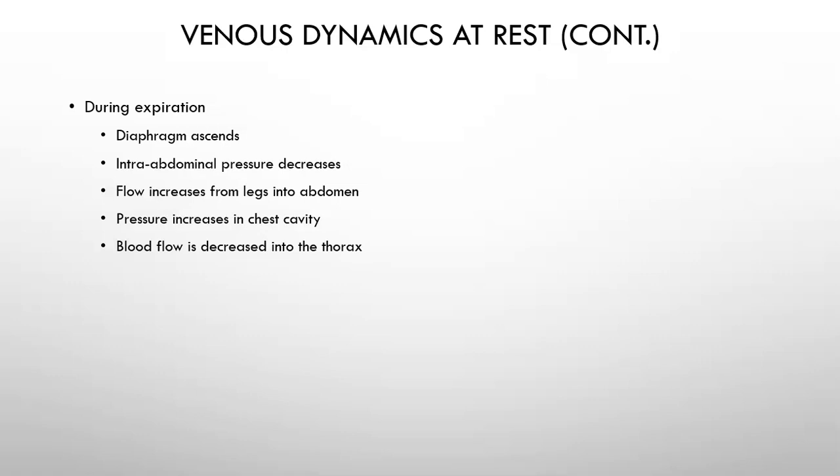Every time you take in a breath, the blood flows closer to the heart. You let it out, it actually is getting closer to the heart. Depends on whether you're above or below the diaphragm.